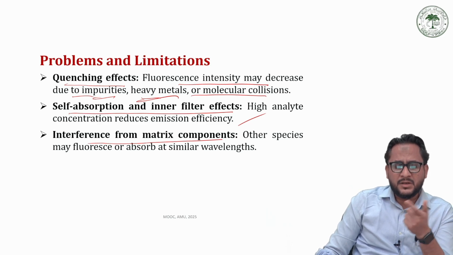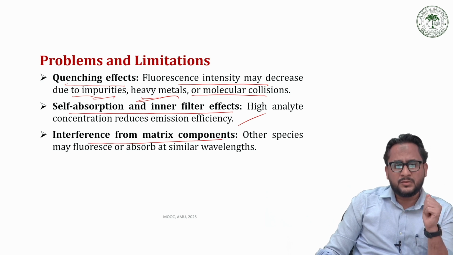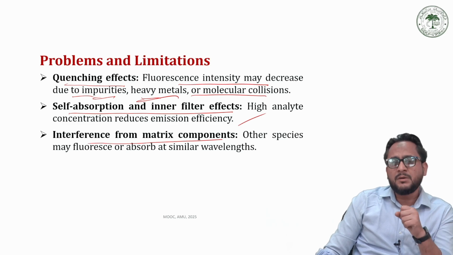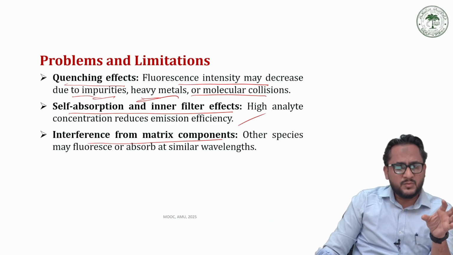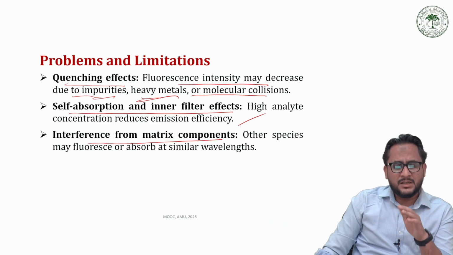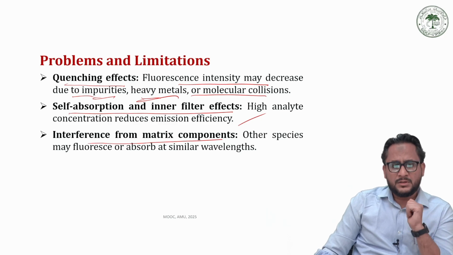River water may contain various mixed impurities that may interfere with our compounds, that may show fluorescence, although we do not want them to fluoresce. They show some light, or sometimes if they are not showing, they absorb light of the fluorescent compound, causing quenching. So it makes the analysis a bit ambiguous, a bit confusing.